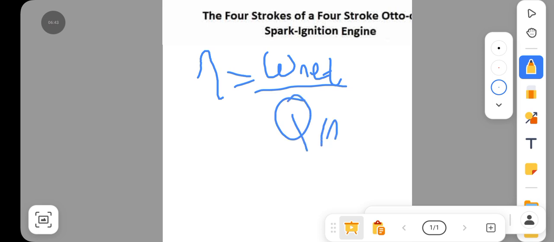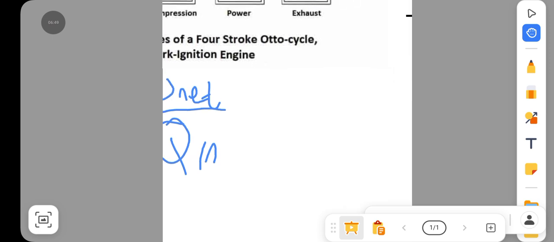The net work is the heat added minus the heat rejected. So our heat added is Q in, and our heat rejected is Q out. That is going to give us our net work done.